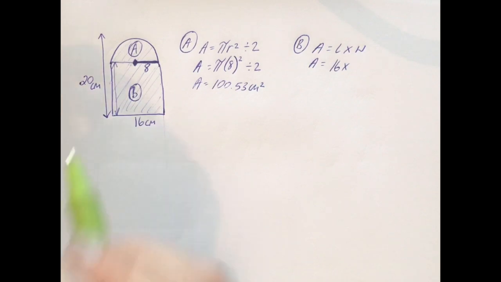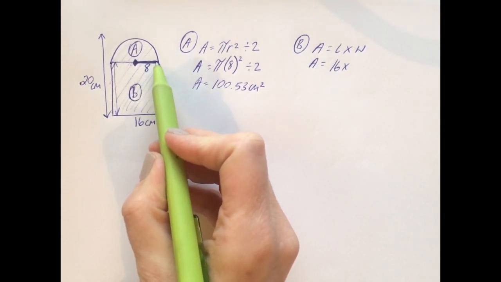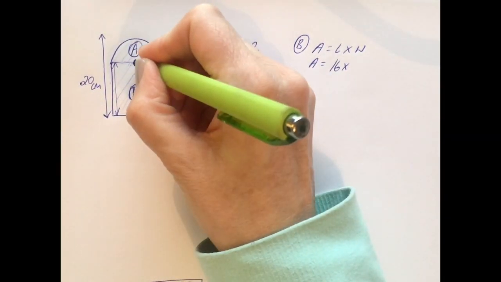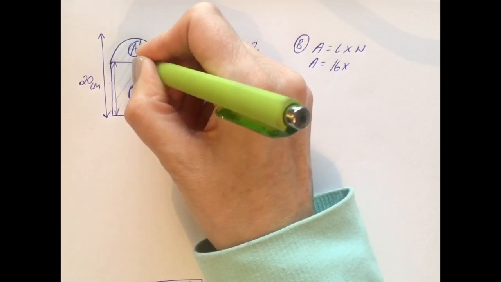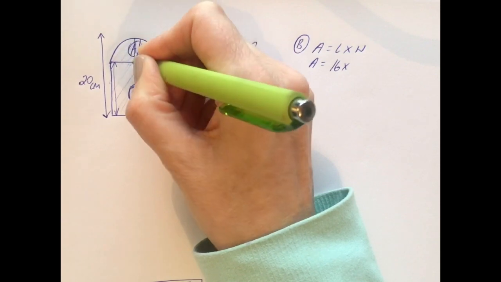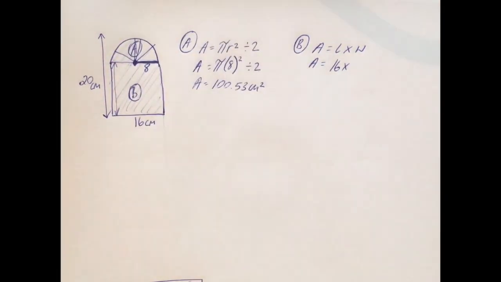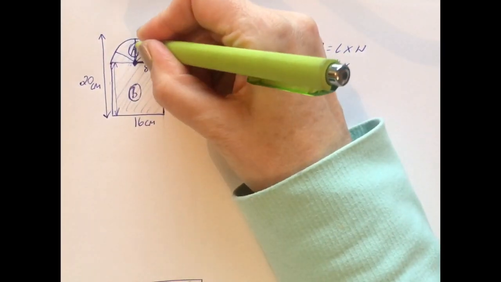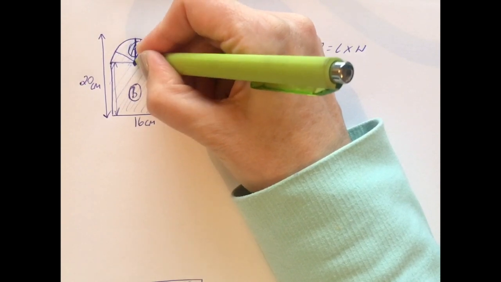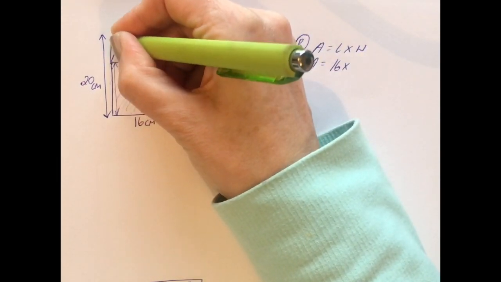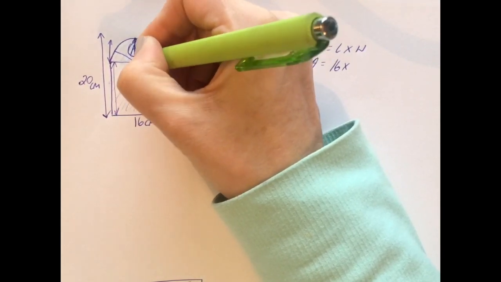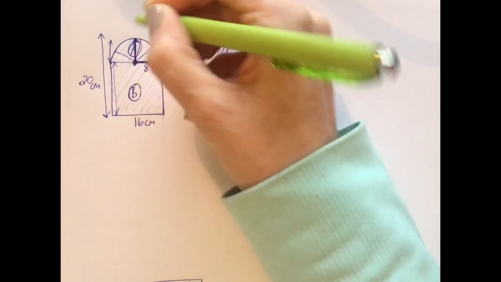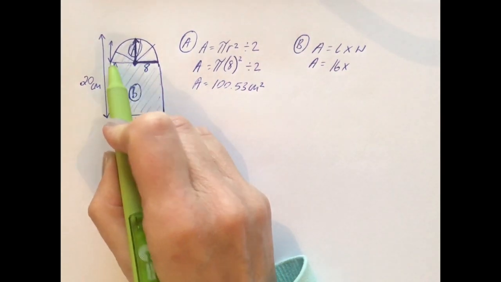Well, given that we know the radius length is 8, that means that any radius length, up to the circumference, is 8 centimeters. That includes the one that goes directly up like this, which means that width there is also the same as that radius length, which means it is also 8.